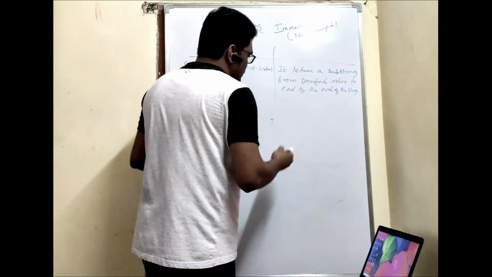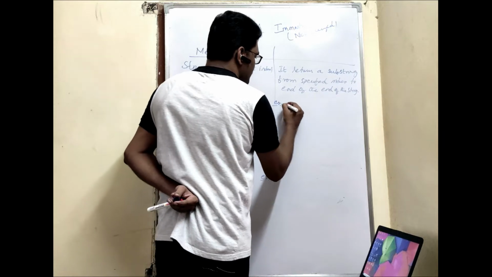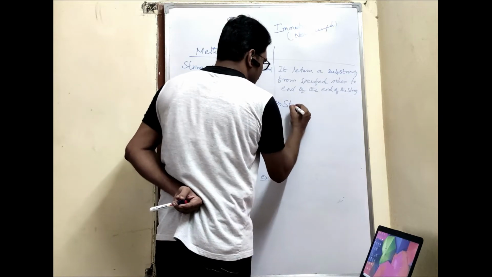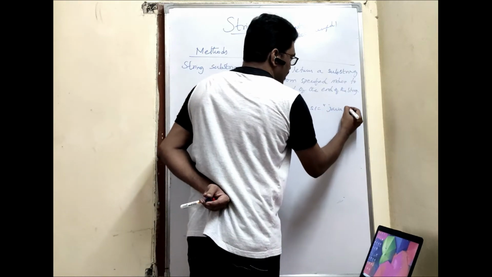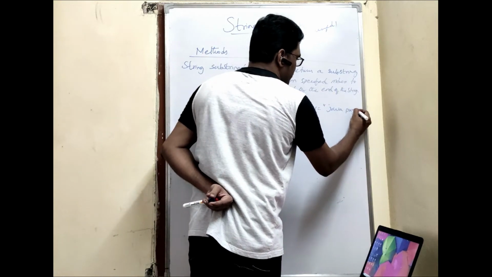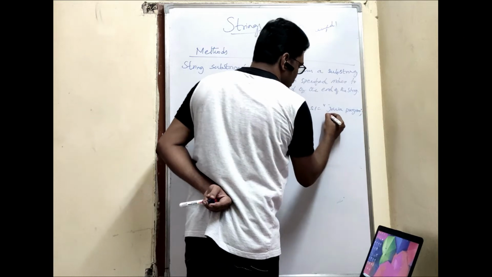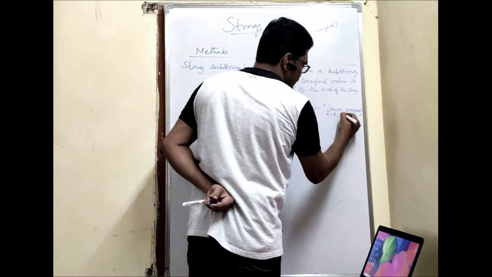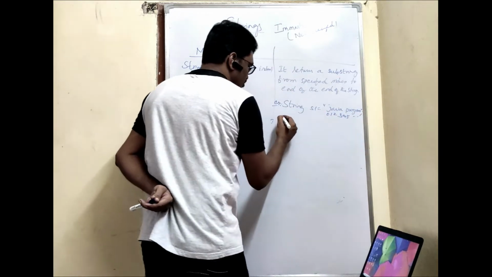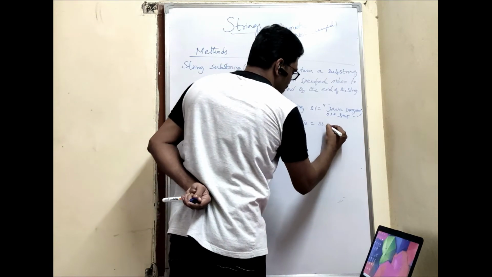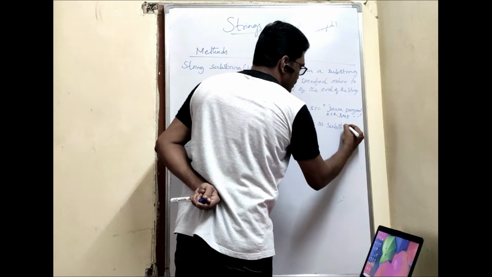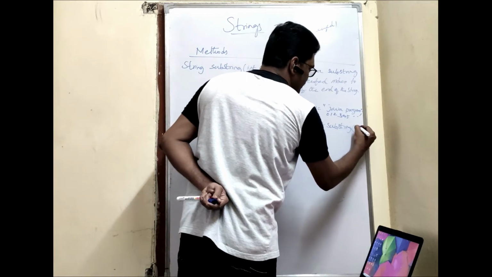For example, if I say String s1 = "Java program", this is 0, 1, 2, 3, 4, 5 like this. Now I say String s2 = s1.substring(5).